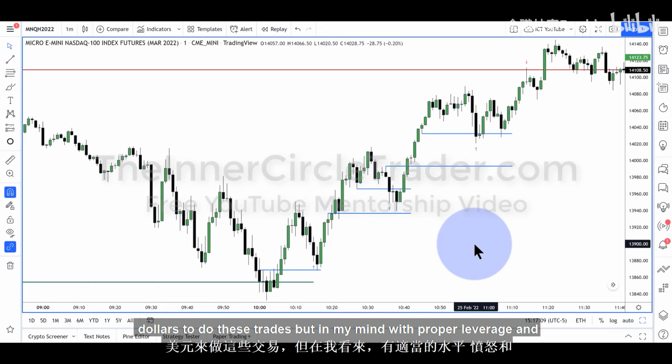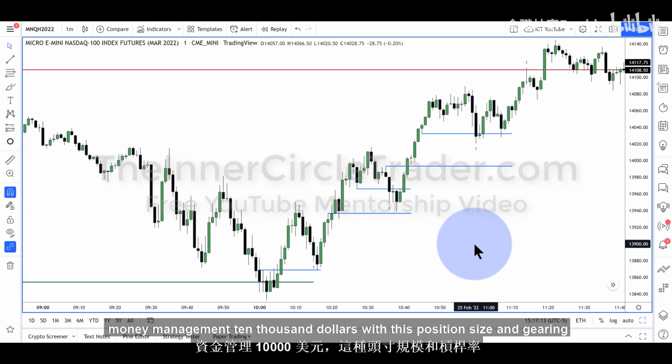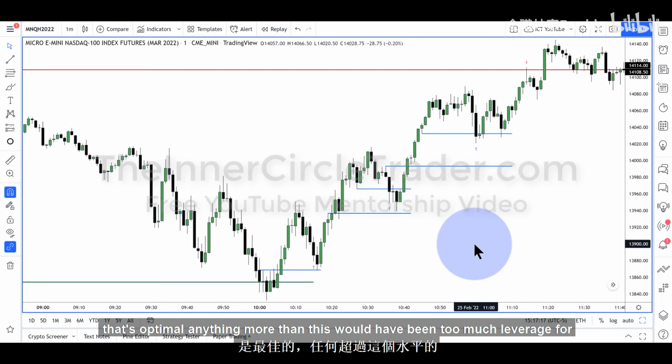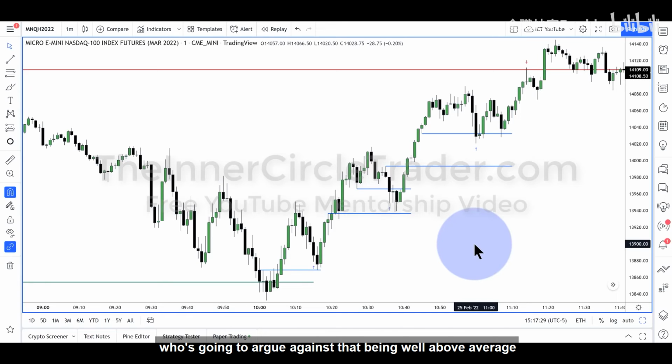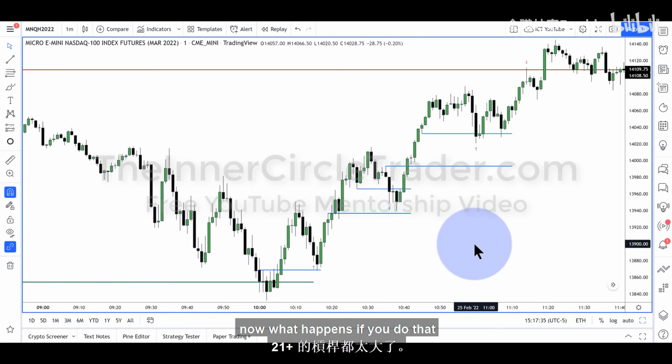So I really didn't need the $10,000 to do these trades, but in my mind, with proper leverage and money management, $10,000 with this position size and gearing, that's optimal. Anything more than this would have been too much leverage for that account. And to make 21% plus in one trade, who's going to argue against that being above average?